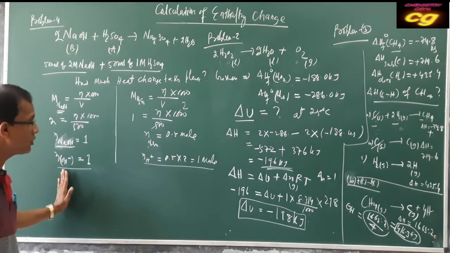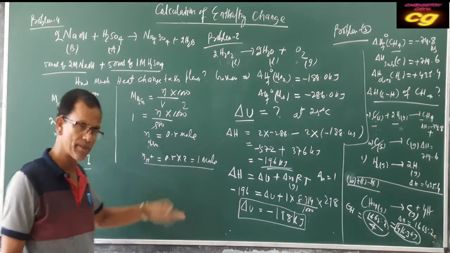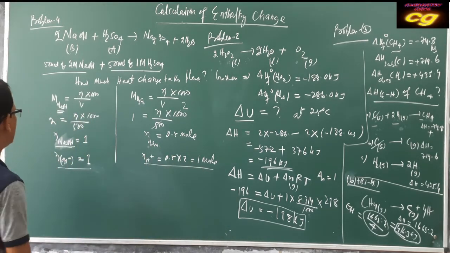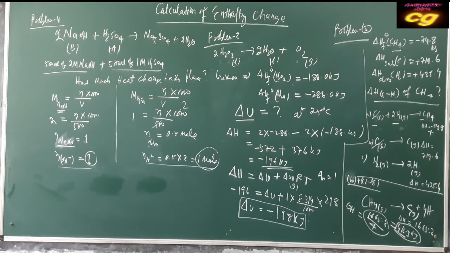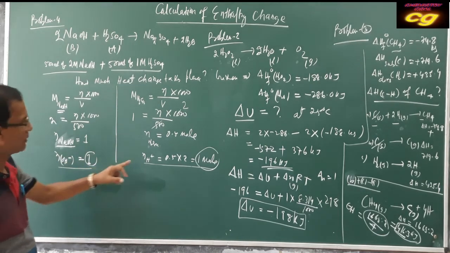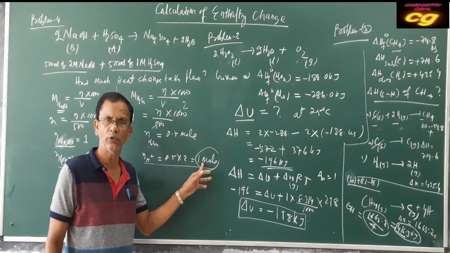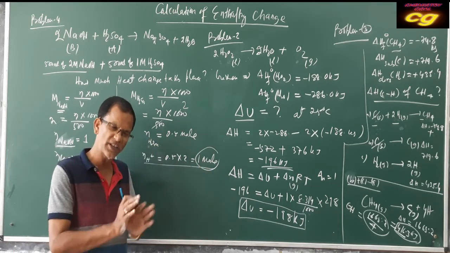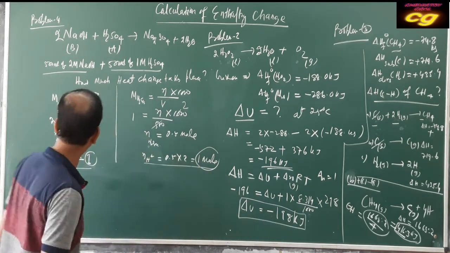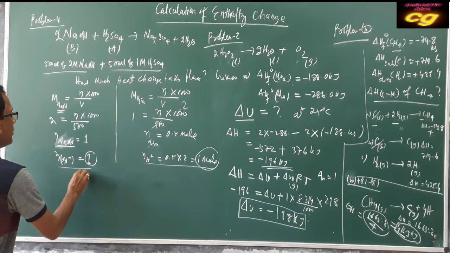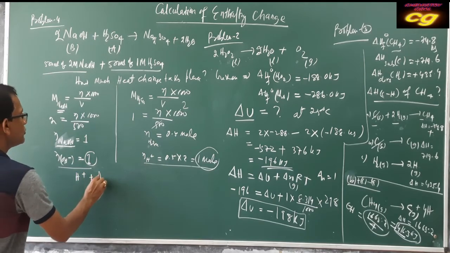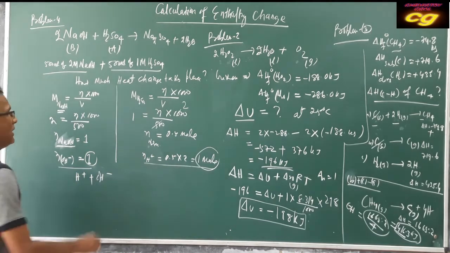If both H plus and OH minus are the same, then you multiply. Here, the number of OH minus is equal to 1 mole, the number of H plus is also equal to 1 mole, because you have to calculate the number of H plus and the number of OH minus. We know 1 mole H plus reacts with 1 mole OH minus.